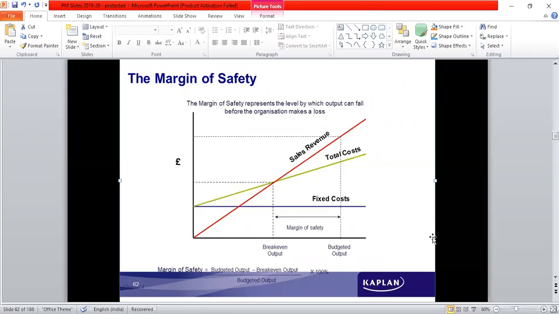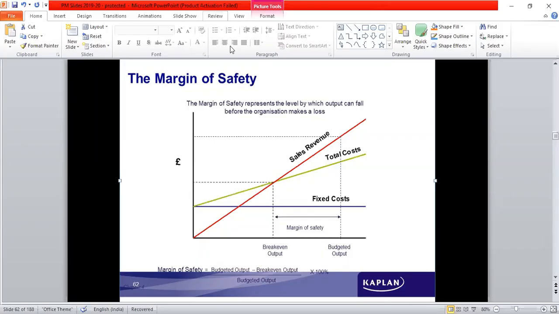We already know the margin of safety is the budgeted sales or actual sales, whatever it is, over and above the break-even sales. So budgeted output minus the break-even output gives us the margin of safety. If the budgeted output is 100%, how much is the margin of safety percentage? So it's just converting it into percentage.